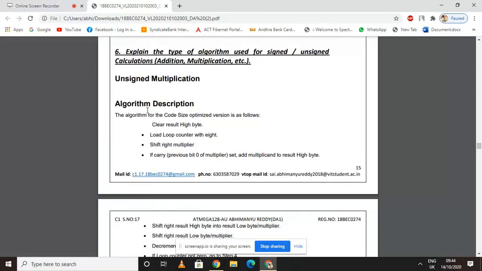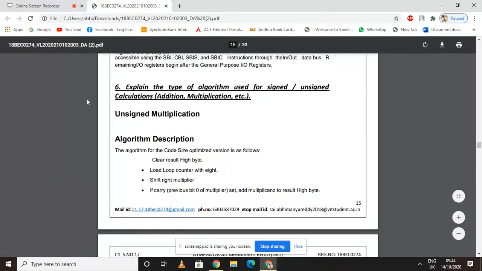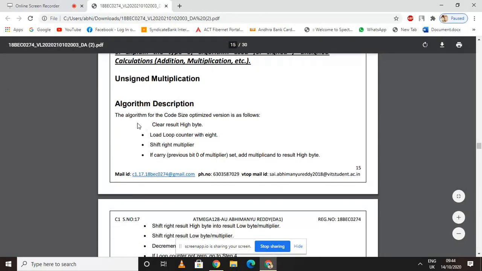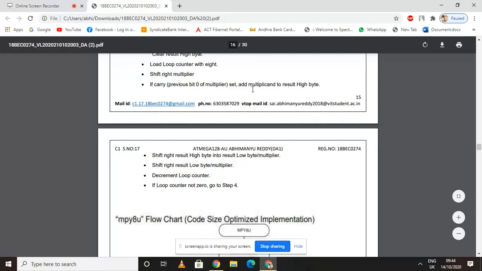Now coming to the sixth question: explain the type of algorithm used for signed and unsigned calculations. For unsigned multiplication, this is the algorithm description, for the code size optimization version. Clear result high byte, load loop counter with 8, shift right multiplier. If carry set, add multiplicand to result high byte.